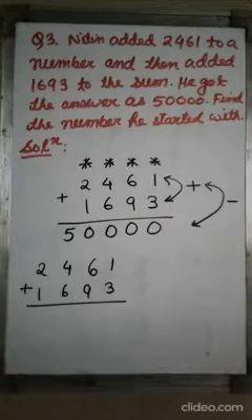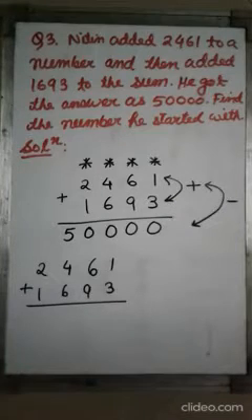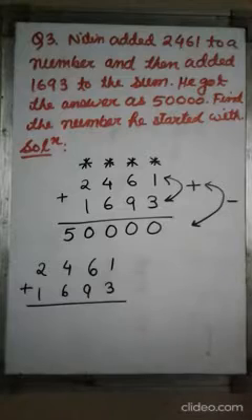Now I shall solve question number 3 from the review exercise. Nitin added 2,461 to a number and then added 1,693 to the sum. He got the answer as 50,000. Find the number he started with. So what happened?